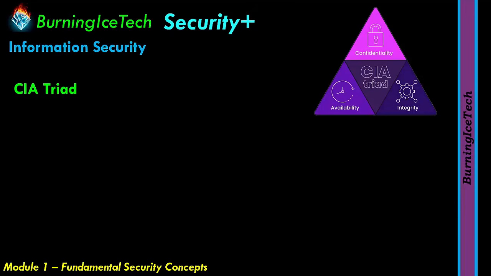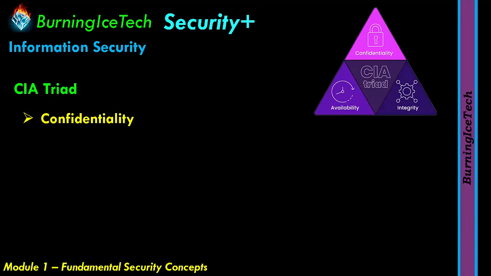Regarding this little triangle, the first one up we're going to be talking about is the C in CIA, which is confidentiality. I'm sure you all know what confidentiality is because that obviously extends well beyond IT. In real life, confidentiality could, for example, be something in an envelope. It does not necessarily mean you've got security if something is in an envelope, but it does give you a sense of confidentiality because other folks cannot see what is in that envelope.